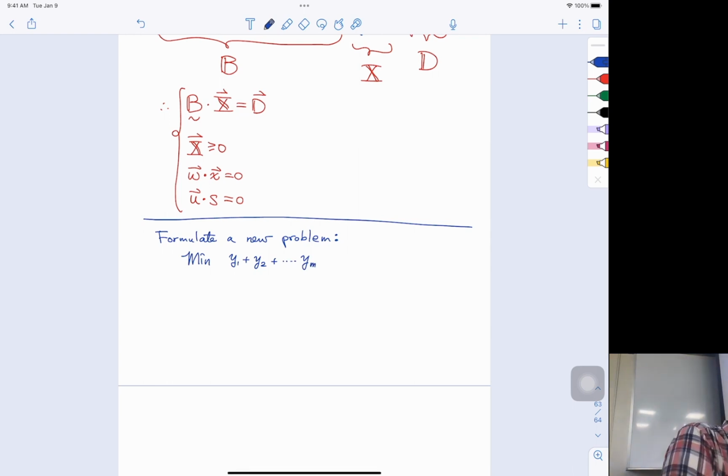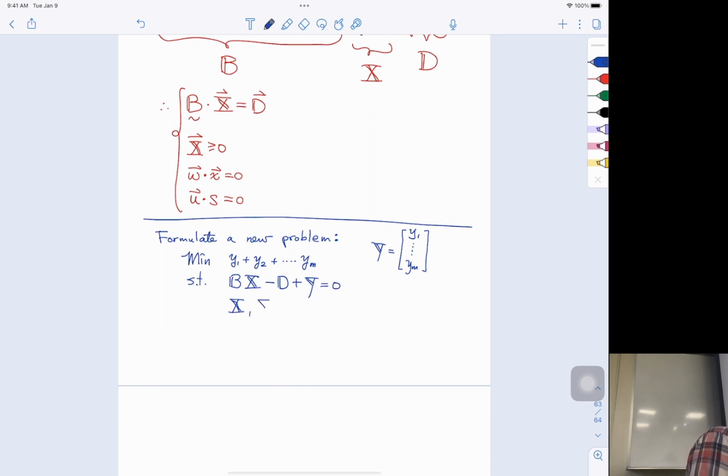A bunch of them, and we define a vector capital Y equals y1 to ym, subject to Bx minus d plus y equals 0. All the x and all the y have to be positive.